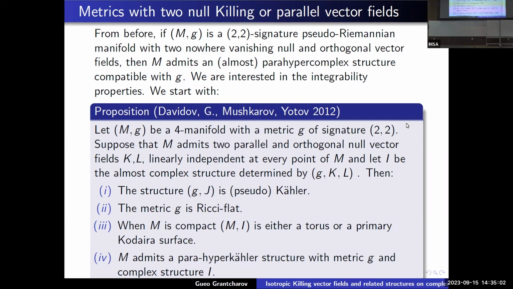Then one can say that this metric is pseudo-Kähler, and Ricci flat is a property of the metric, similar to the Ricci flat in the standard positive case. And when this is compact, actually one restricts this space to these two options only. And the reason for that is, well, para-hypercomplex, I guess you can guess this paranormal structure, which these two forms are called para-hypercomplex.